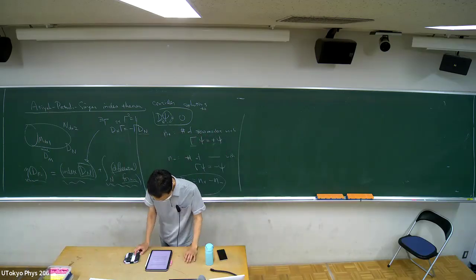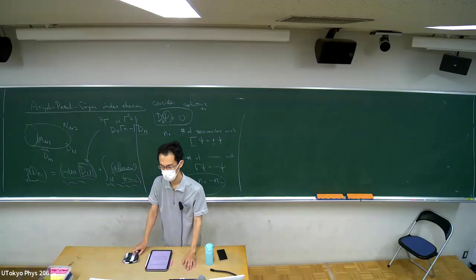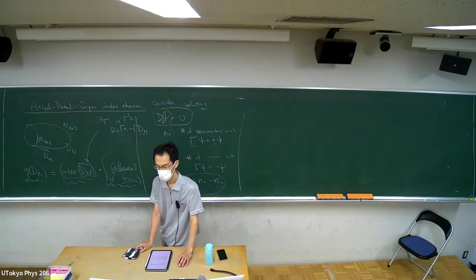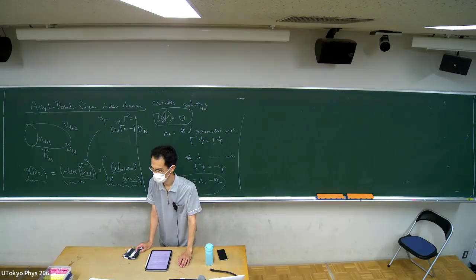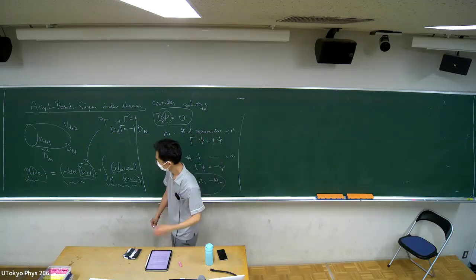That happens to have a very concrete application in condensed matter systems, which is the Landau quantization problem of a two-dimensional electron moving in the presence of a magnetic field.